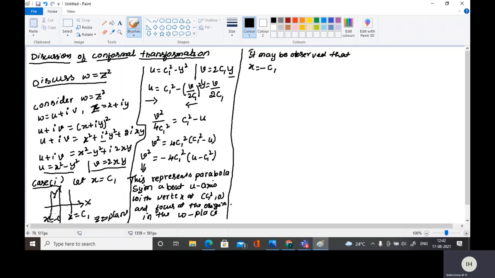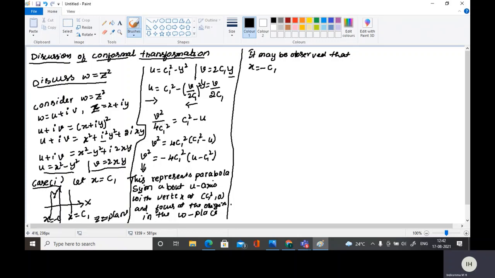Here we have to replace x by minus c1. Minus c1 whole square is c1 square itself, and y is equal to v by minus 2c1. So here we substitute y square: y square becomes v by minus 2c1 whole square.